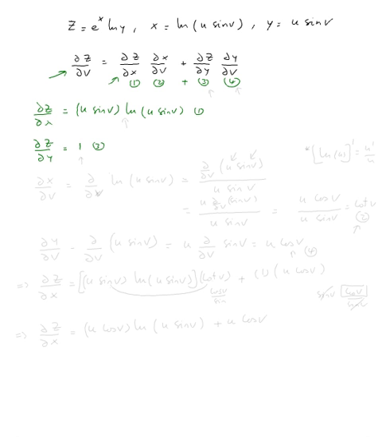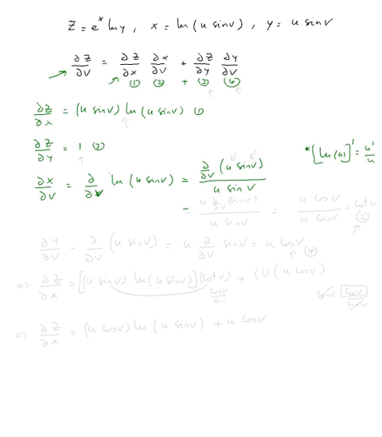Right? So this is what we call 1 and 3, already done. All I need is 2, which is partial x with respect to v. In our case, it is partial with respect to v of ln of u sine v. Now I'm using again this formula, ln of u prime is u prime over u. So this would be partial with respect to v of u sine v over u sine v.